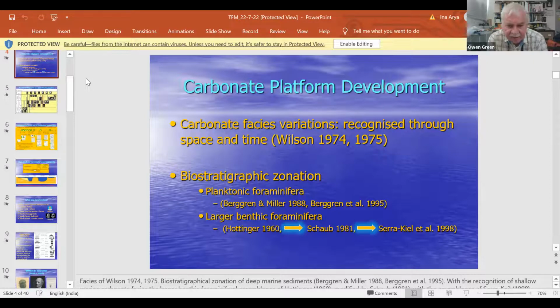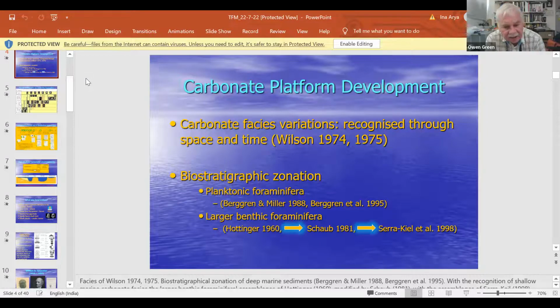Then we've got the biostratigraphic zonation. And this is where it becomes a little bit interesting, because with foraminifera, we've got two types that we can actually use. We've got the planktonic free-swimming foraminifera, and there's been lots of work done with them, and I'll refer to that in a couple of slides further on.